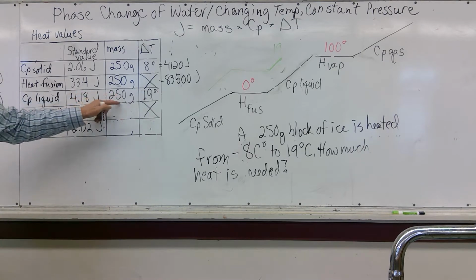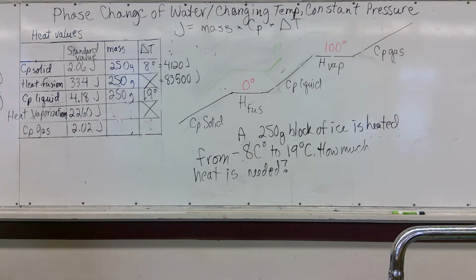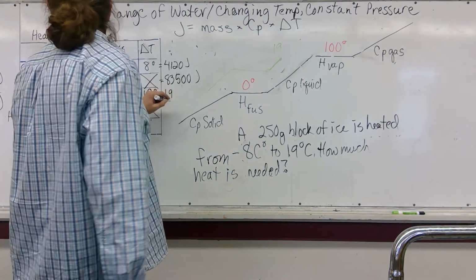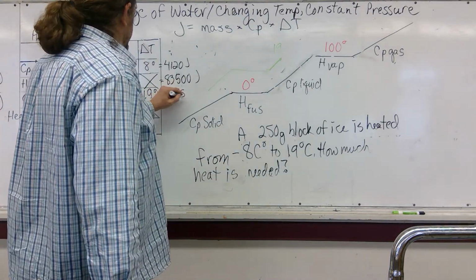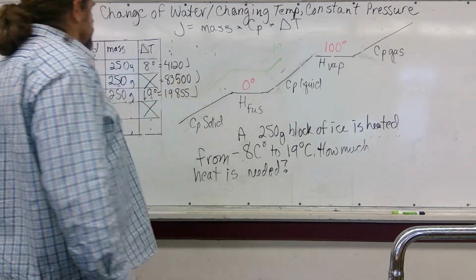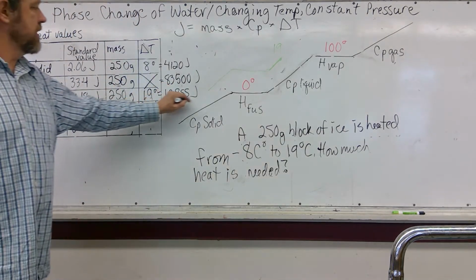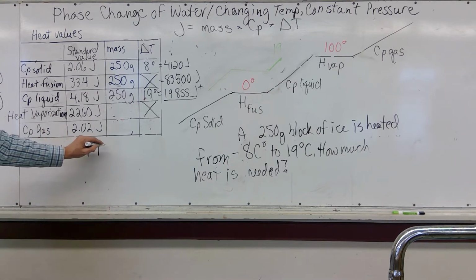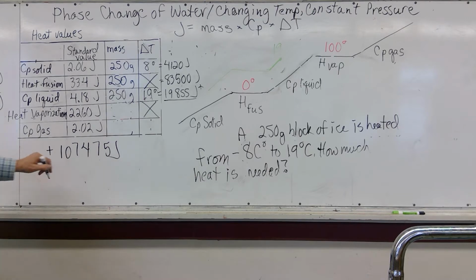So if we multiply these three values times each other, this becomes another energy investment of 19,855 joules. So when we add these three together and sum them up, we have a total of 475,000 joules.